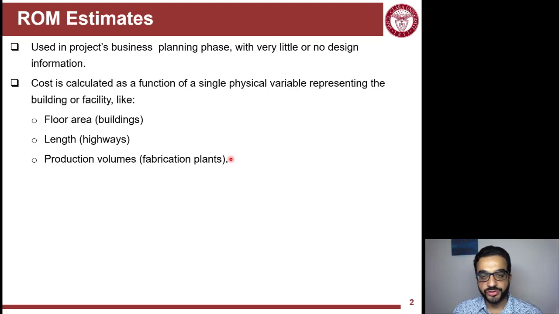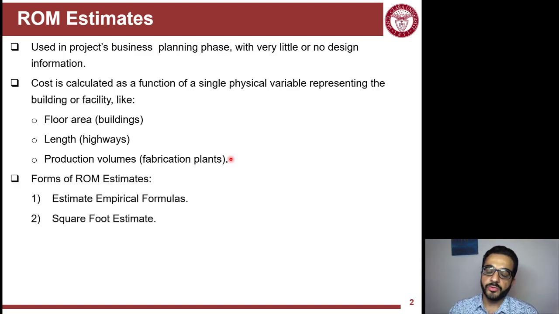Highways are measured in stations or miles. Or if you're dealing with a manufacturing facility, dollar per production volume. If you're producing this number of pieces, then it will cost you this amount for the factory or assembly line. So there are many ways you can do rough order of magnitude.